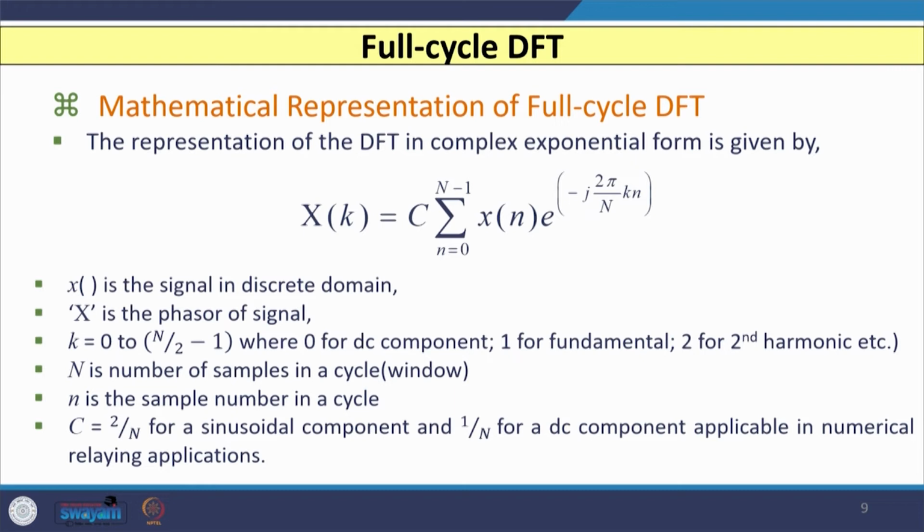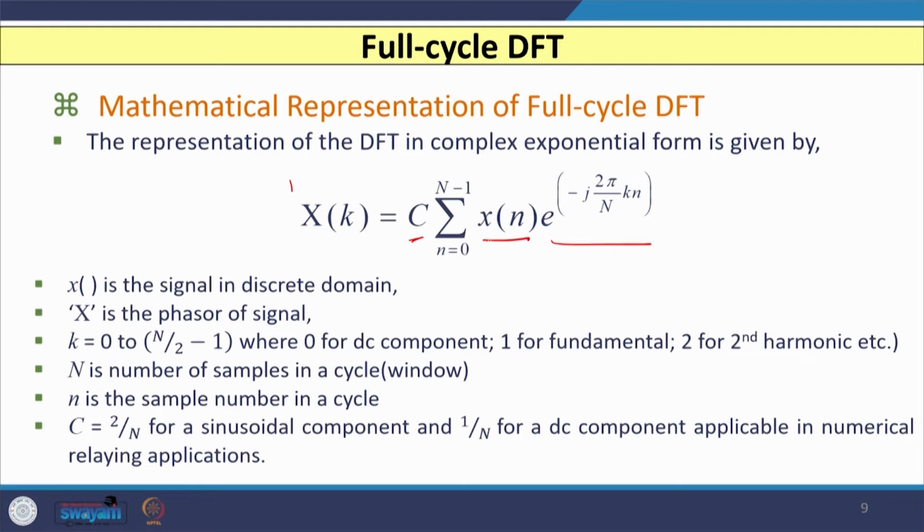In complex exponential form, the full cycle DFT is represented by the equation: capital X of k equals some constant C, sigma with limit n equal to 0 to N minus 1, x of n, and exponential to the power of 2 pi by N into k n.